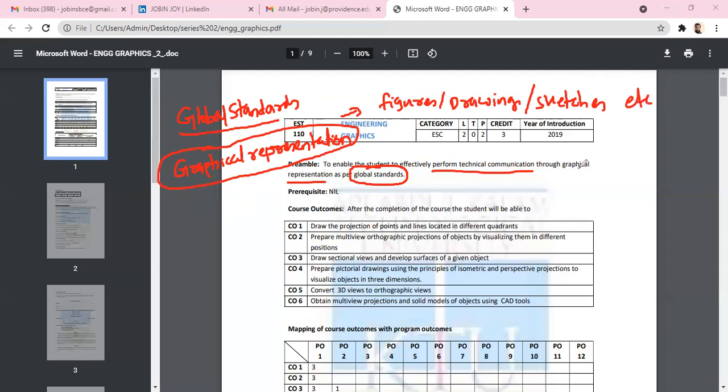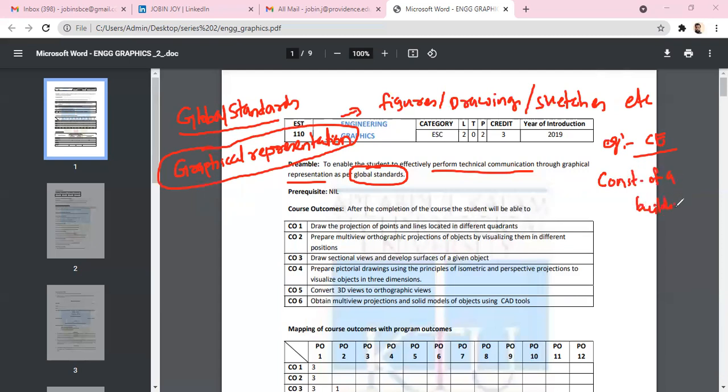So for example, a civil engineer effectively communicates his concepts and ideas, say for example, the construction of a building.